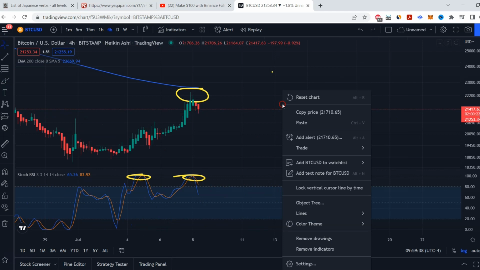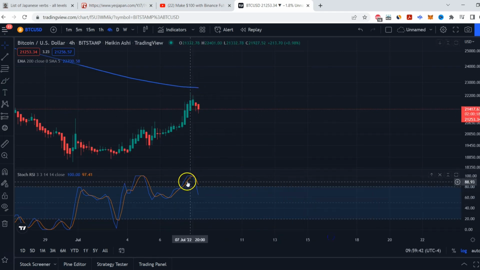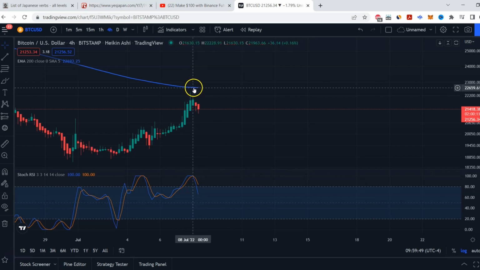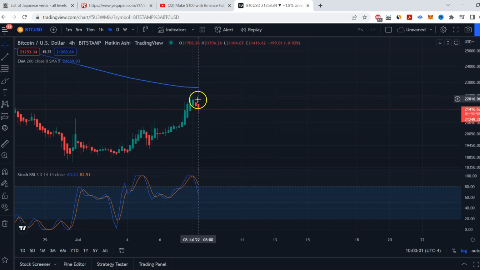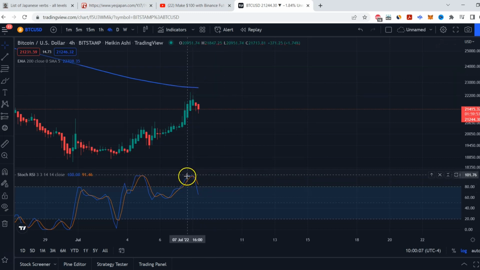I'm going to show you my entry rules. Number one, the price is below the 200 moving average. I'm only looking at short positions, guys, because the market overall is still in a bearish move. So if it is below the 200 moving average, I only open short positions. Two, when I look at the RSI, it's in the overbought area.